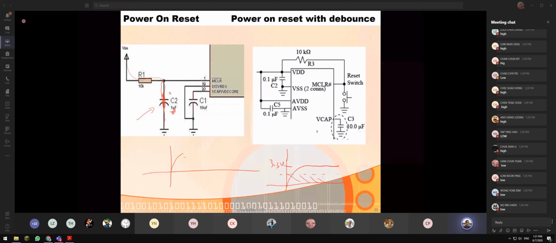This region means I consider it low, reset 0. So you check the data sheet and make sure the capacitor is able to hold this time. This time is very, very important. Based on the calculation, 1 microfarad is the best solution. Why? Because it can hold it low for a certain time so that the microcontroller is really reset. Is it clear or not?